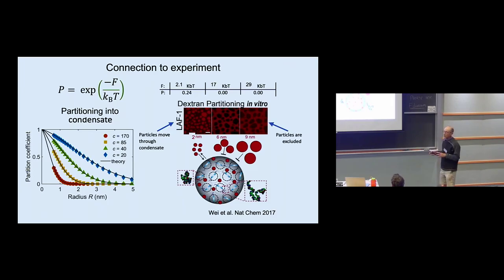There's probably something attracting them that's overcoming it. They're effectively clients in that regime. But by the time you have these 6 nanometer and 9 nanometer guys, you're talking about 20 or 30 kT of barrier. Those guys are not getting in at all, and there's really nothing measured for the partition coefficient.